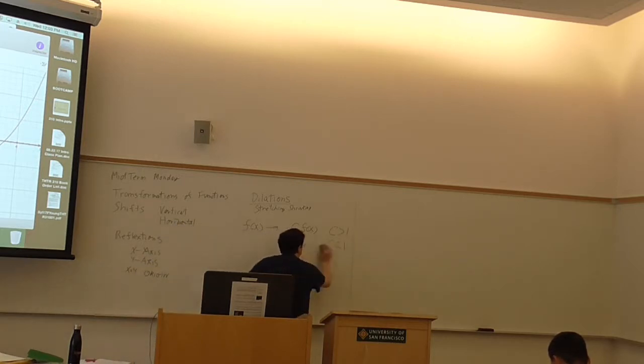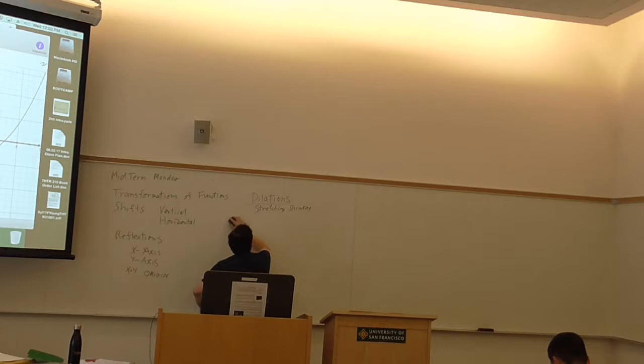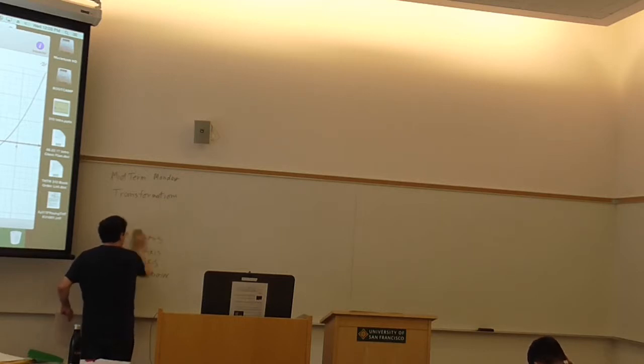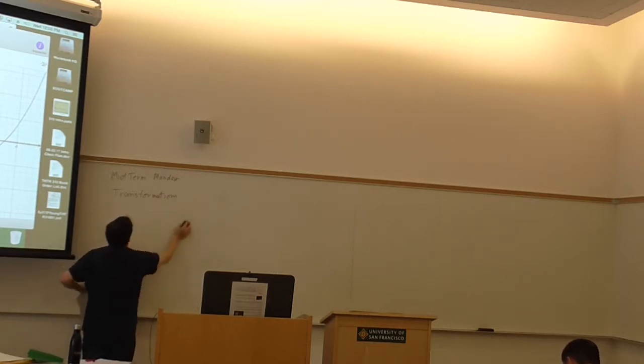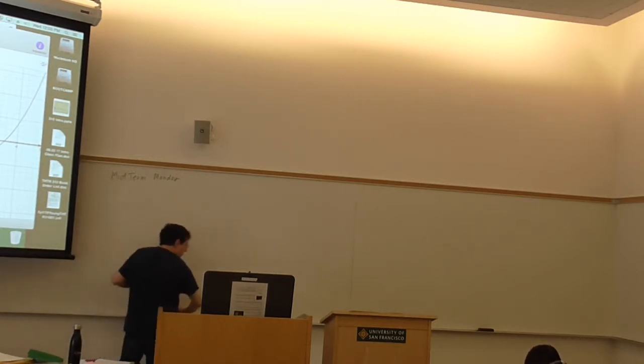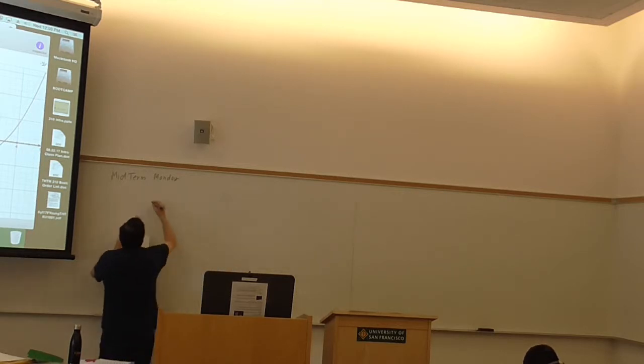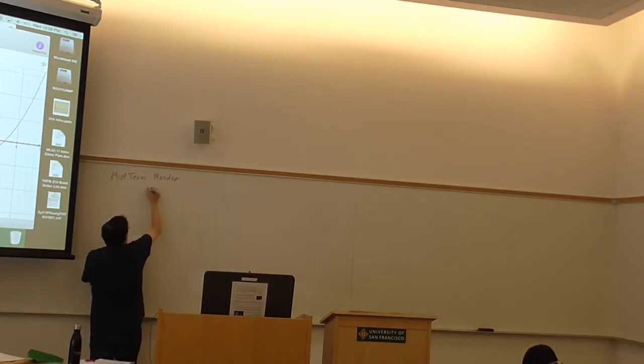So the next topic is a category or a classification of functions that's very important. We've kind of seen examples already, and we've kind of seen what we're going for, but here we're going to be very specific.